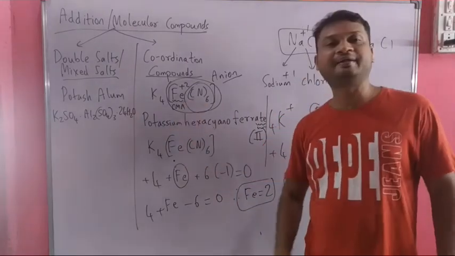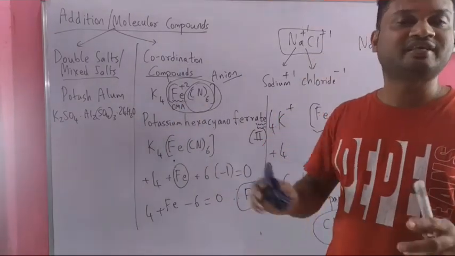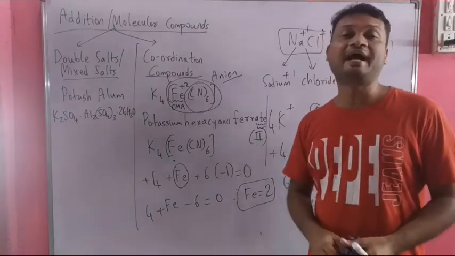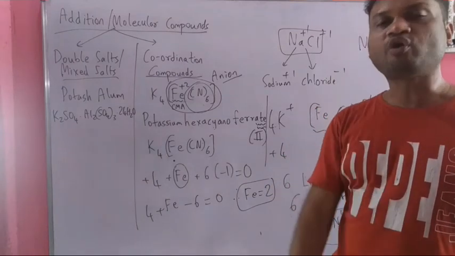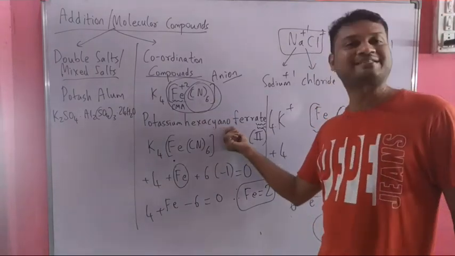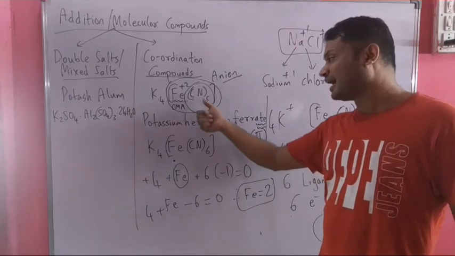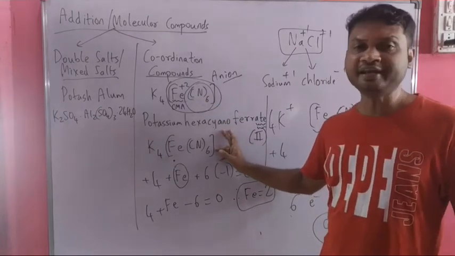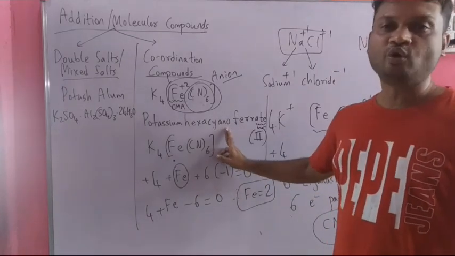Who is the central atom? It is the central metal atom, in this case iron, and the ligands, in this case the electron pair donors, are the cyanide ions. The convention which we follow for ligands, we will write O as the suffix. So hence I have written cyanide as cyano. We can also write it as cyanido. Okay, so I have written cyano for now.